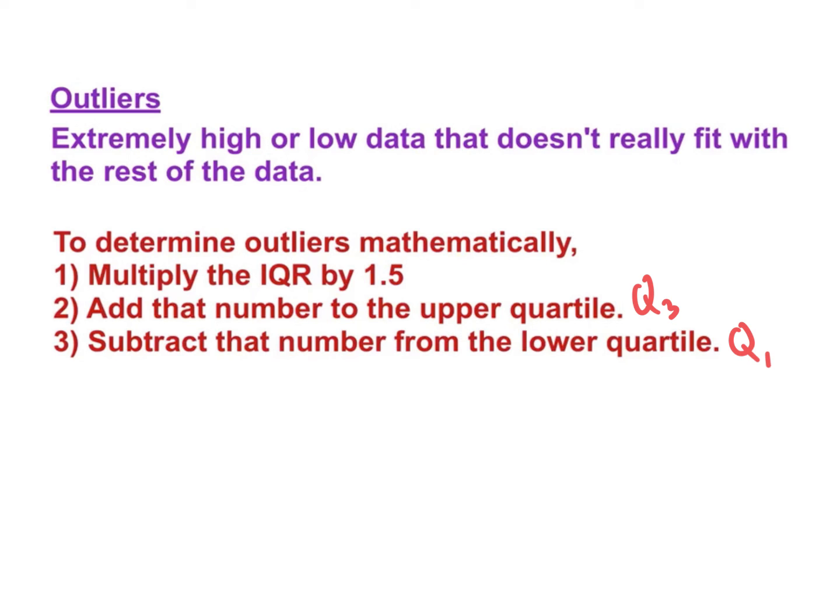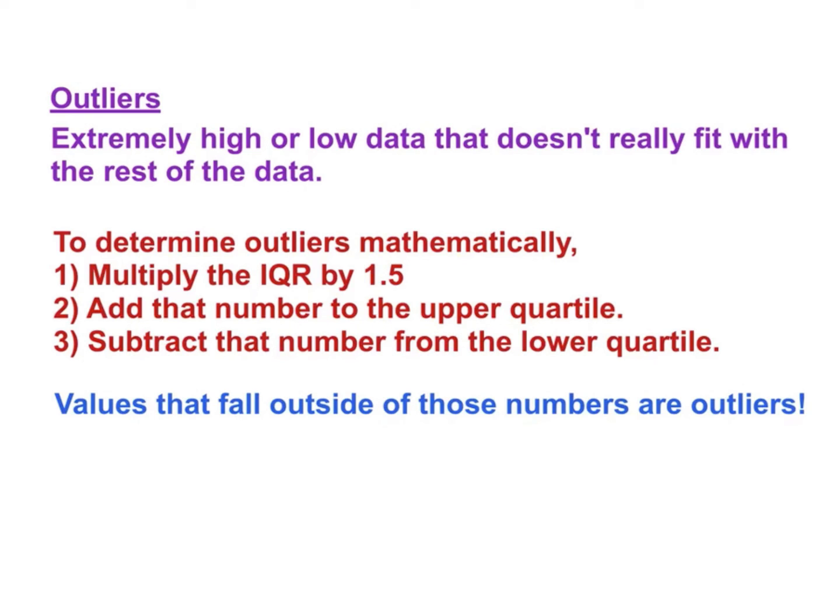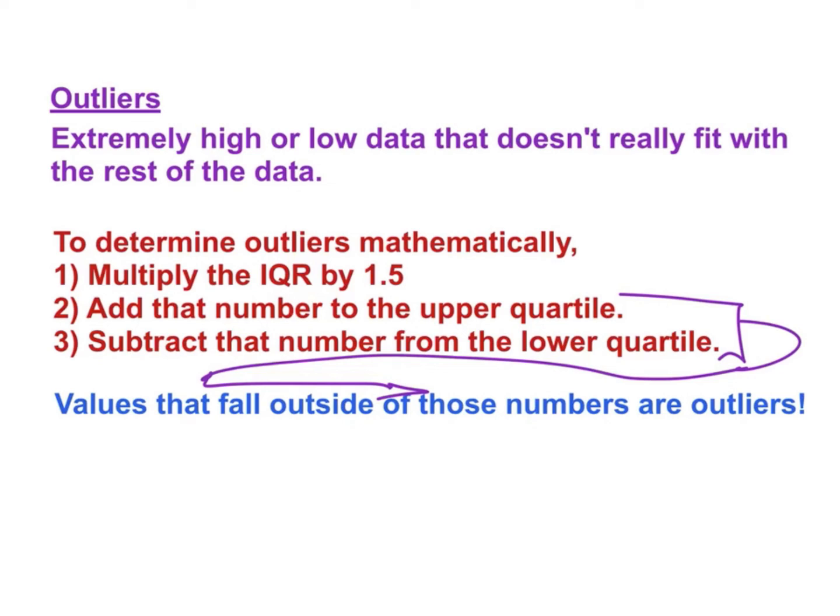So again, if anything is bigger than whatever I get after I add it, it's an upper outlier. If it's smaller than what I get when I subtract it from Q1, then it's a low outlier. That's the only way to prove it mathematically. Essentially, values that fall outside of those boundaries are the ones that are outliers.